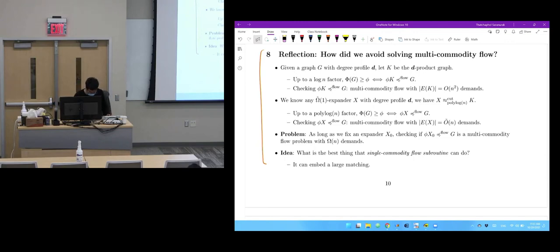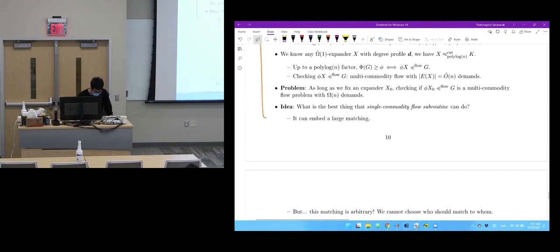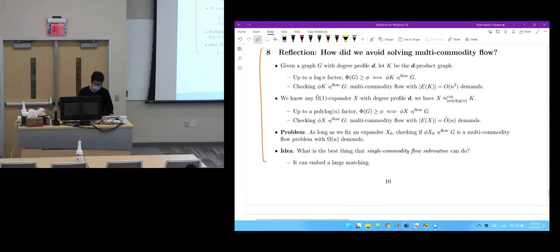So maybe last thing, I would like to philosophize a bit, and look back at the cut matching game.